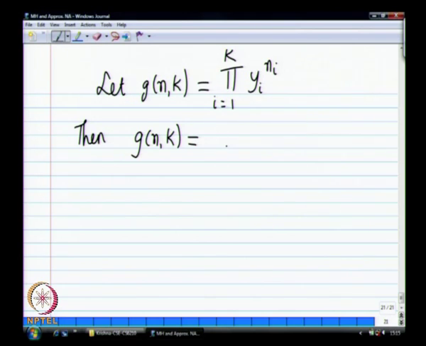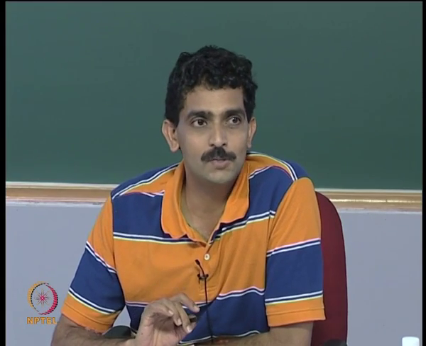So your g of n, k, this is the right expression that ties these two up. It simply says that in the particular queue k that you are looking at, there is no job, so all the n jobs are sitting in the k minus 1 other queues.